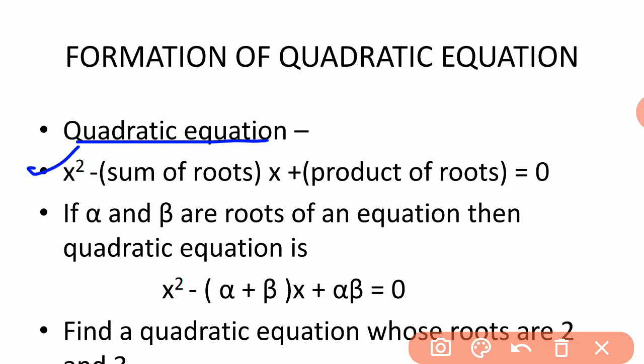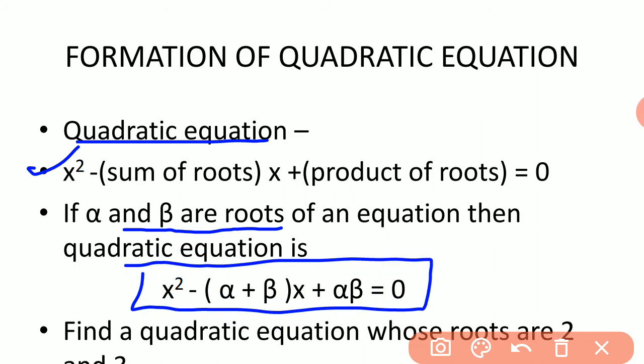If alpha and beta are roots of an equation, then quadratic equation is x square minus (alpha plus beta) into x plus alpha beta equal to 0. Here alpha plus beta is the sum of roots, and alpha into beta the product of roots.